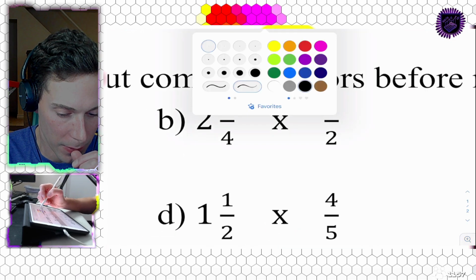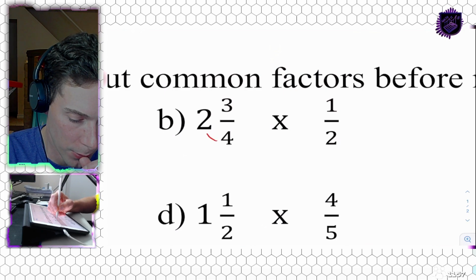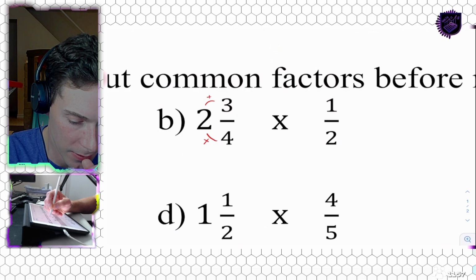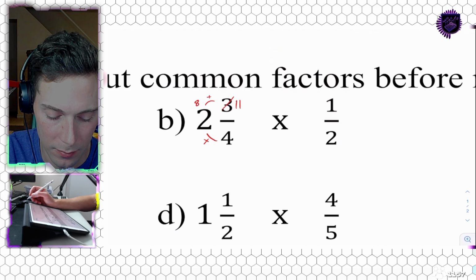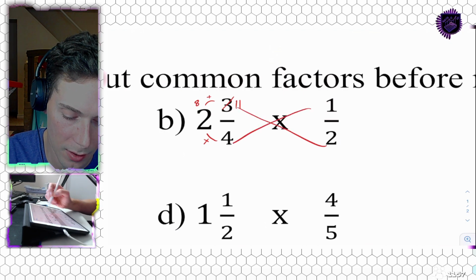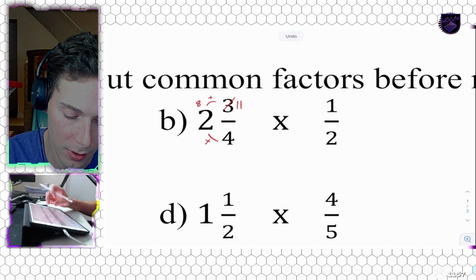Okay, let's do this one in red again. So we're going to go 4 times 2, multiply. Then we're going to add that on top, plus 4 times 2 is 8. 8 plus 3 is going to be 11. Now, are there commons between here or vertically? No, there's not.